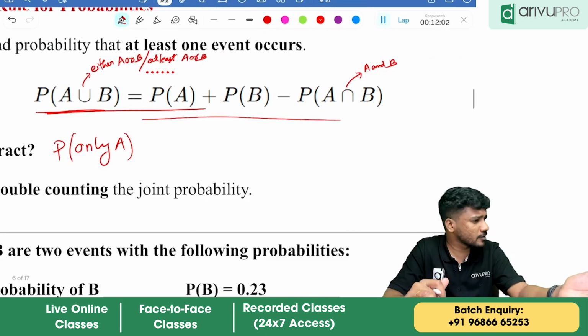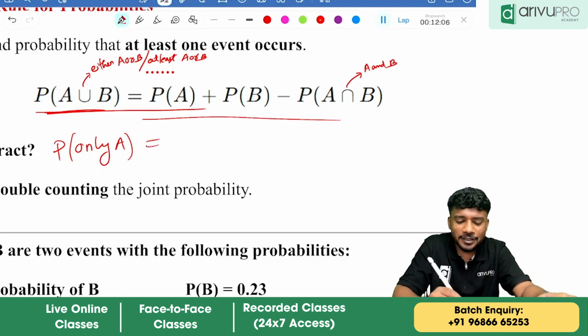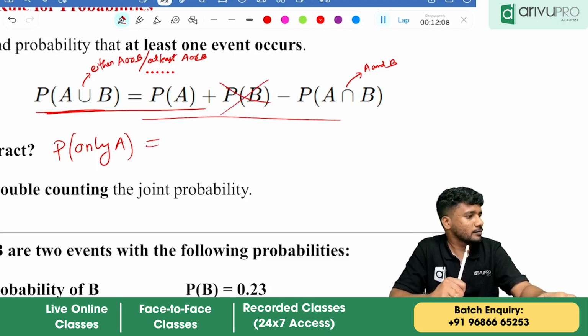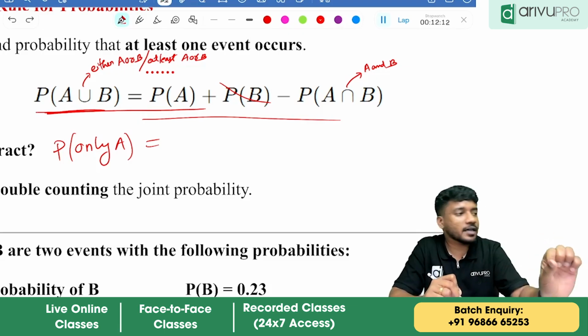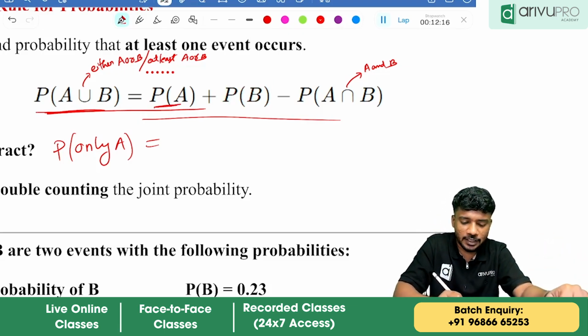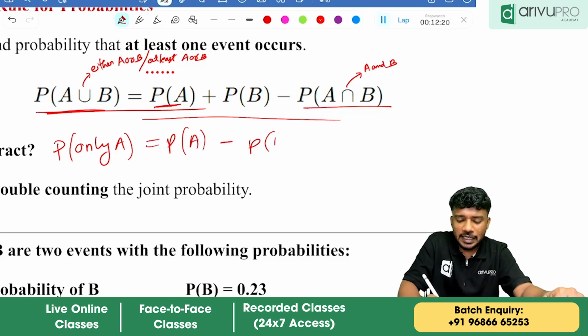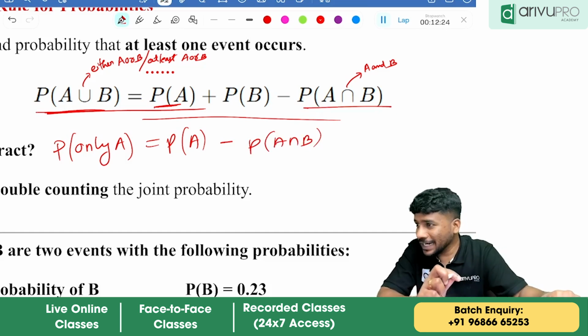What you will do is ignore B. Whenever they ask for only A, we write the terms containing A. What all terms contain A? P of A minus P of A intersection B. So that is the value of P of only A.